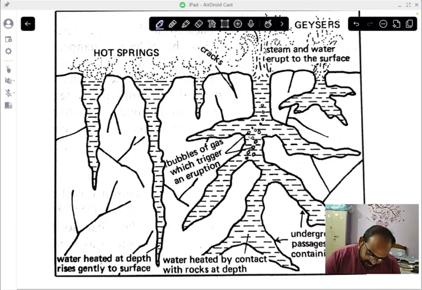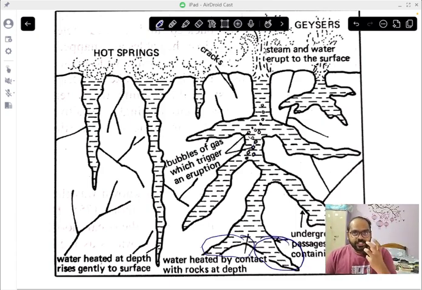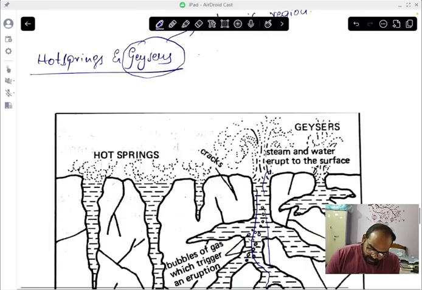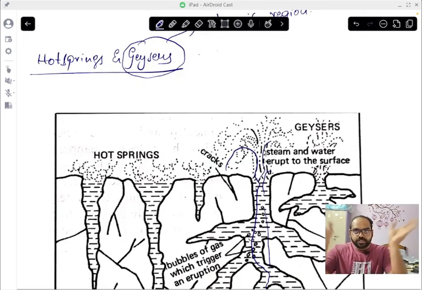The water inside the earth gets in contact with the volcanic rocks in the deeper parts of the earth, and the water gets heated, travels through these cracks and bursts out with steam and water. It bursts out. They are called geysers.